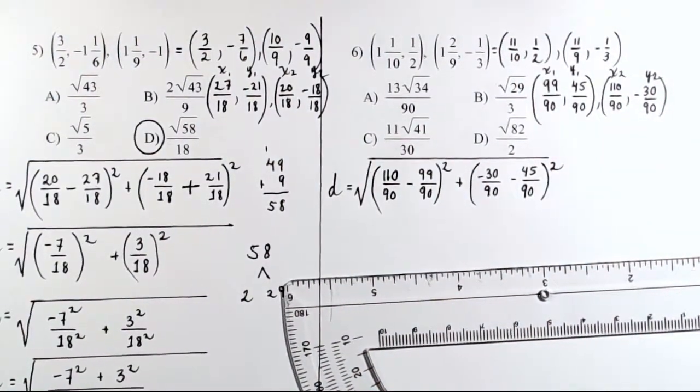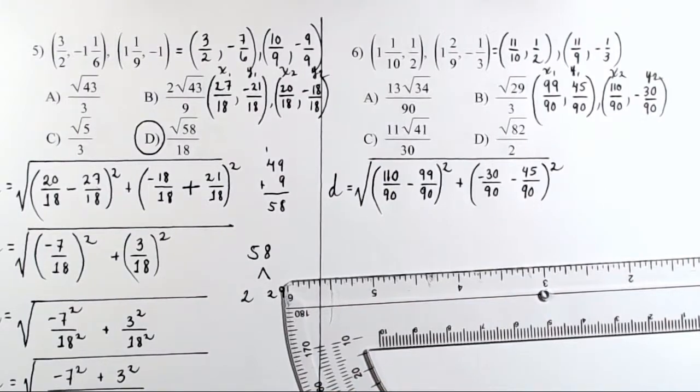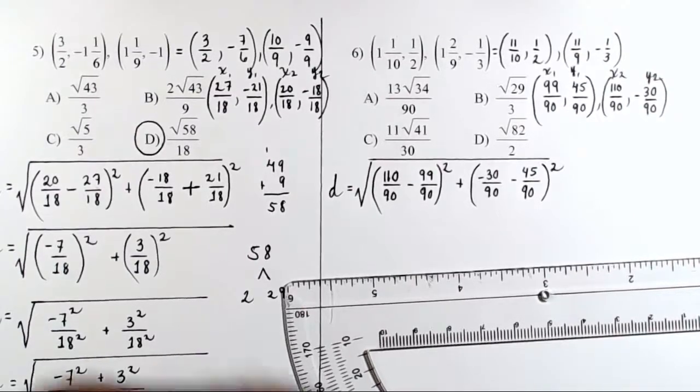So I can do 110 minus 99, that's 11. And I can do negative 30 minus 45, that's negative 75.